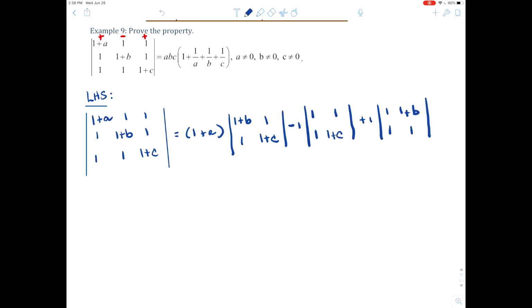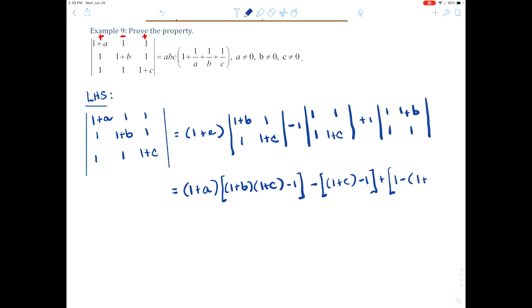Cool so far? Awesome. All right. So then that will equal 1 plus a, times 1 plus b times 1 plus c, minus 1, minus 1 plus c, minus 1, and then plus 1 minus quantity 1 plus b.